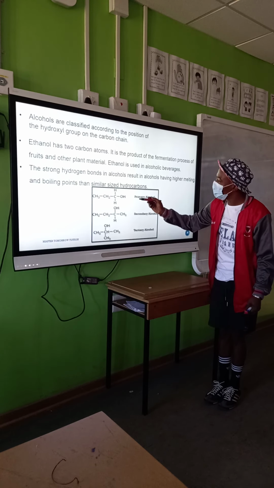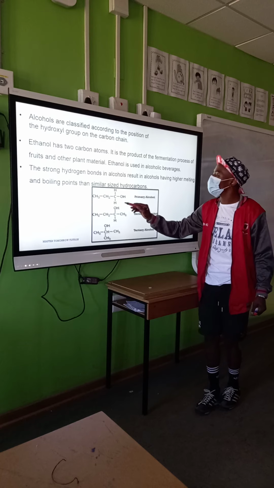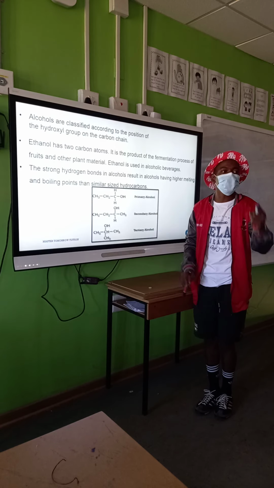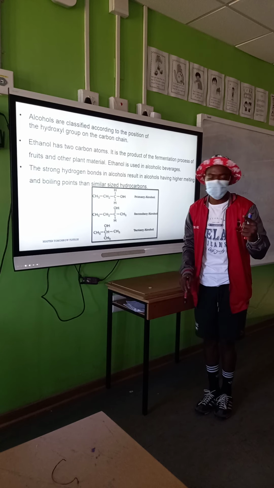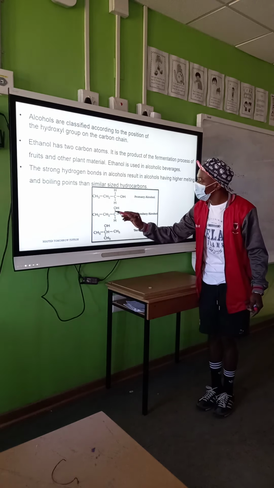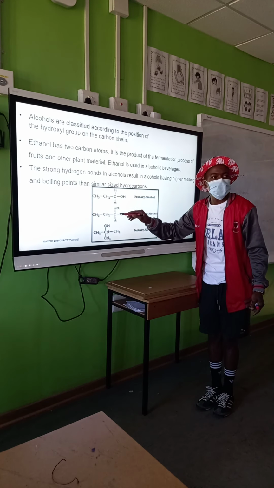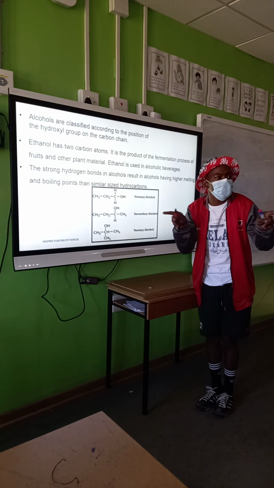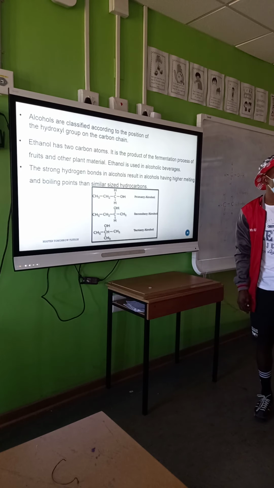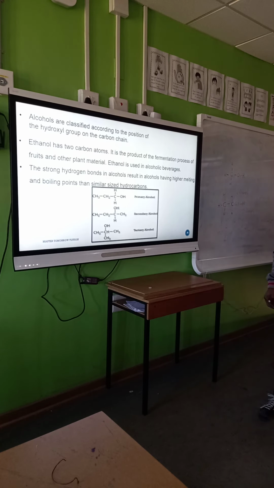So, primary, your OH, the hydroxyl group, is with the carbon that is bonded with only one other carbon. But secondary alcohol, the OH is bonded with carbon that is bonded with 2 other carbons. That makes it secondary.